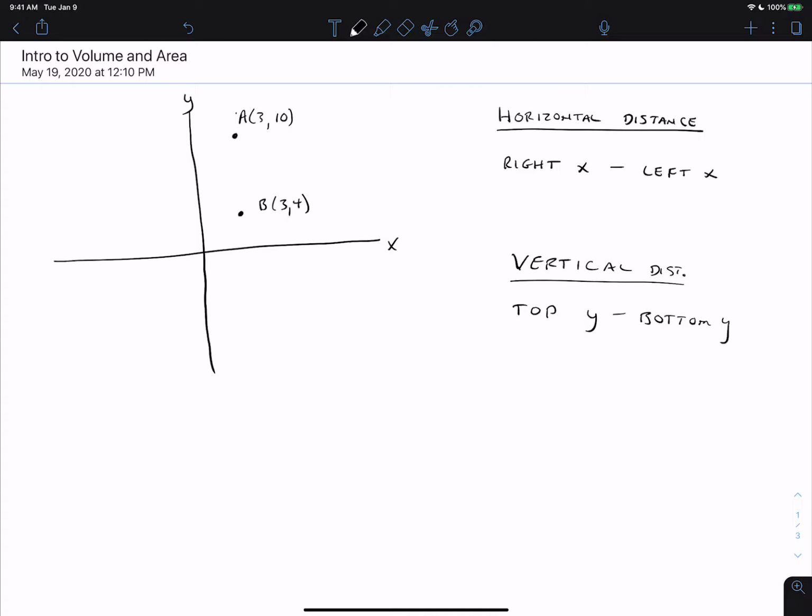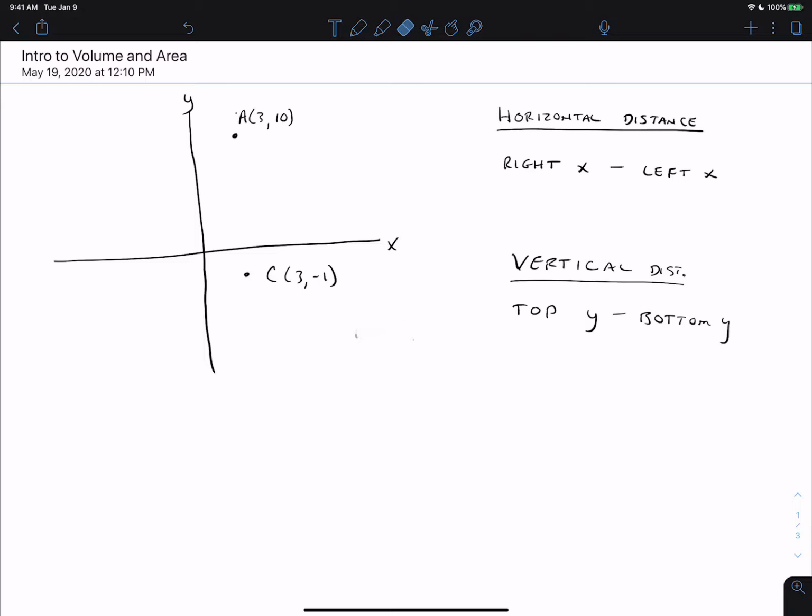If I have a point C at (3, -1), then it's vertical. The distance from A to that point would be 11, which we can compute by doing 10 minus -1, or just thinking through the distance that is 10 units to the x-axis and then another unit to get down to C. But we can do the top y minus the bottom y.